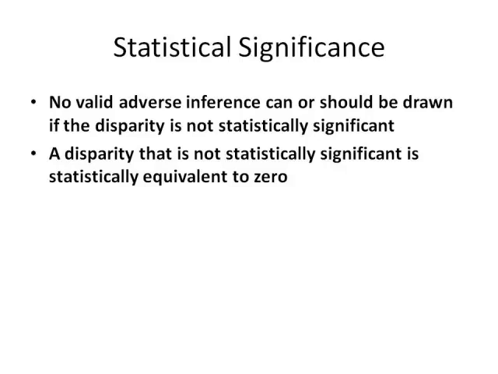It doesn't matter how large the disparity is in terms of number of heads or number of people promoted or number of people hired. If the disparity isn't statistically significant, if it's not 2 or 3 units of standard deviation, it's not different from 0 from a statistical perspective.